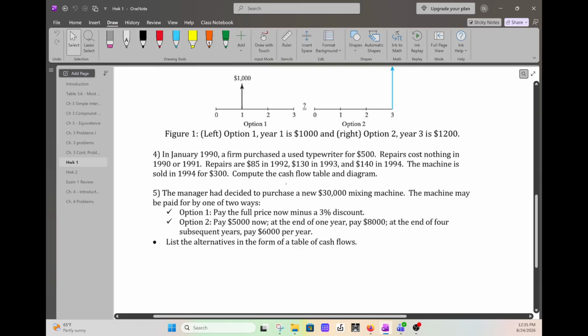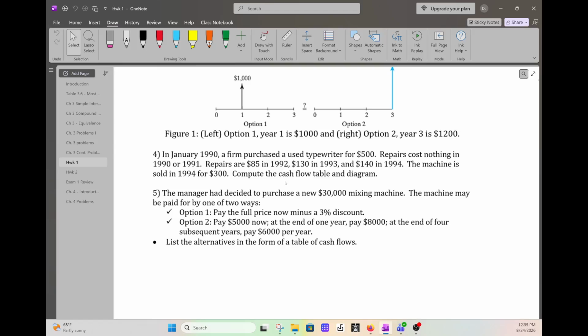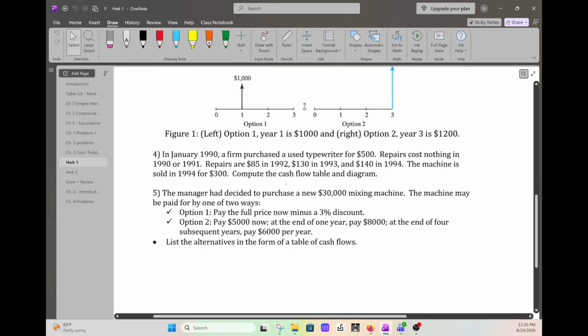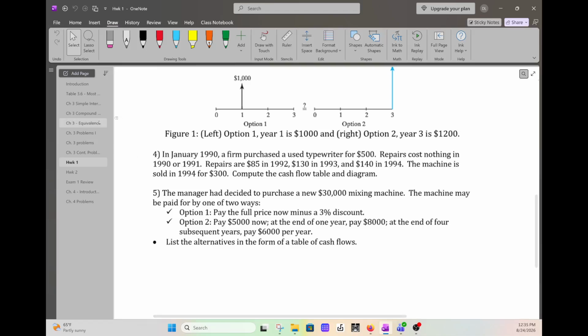All right, and then pretty much the next two are basically your cash flow. I don't care if you give me a table or a chart, but my preferred option would be give me one of those charts, which is the, give me 1 second, the cash flow diagrams.